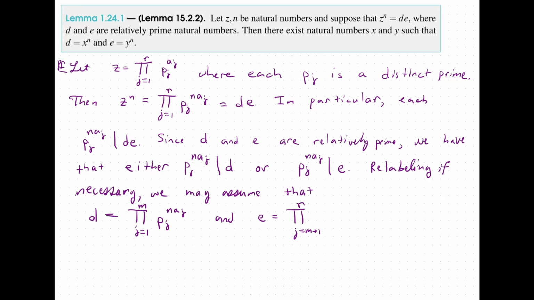So we're just relabeling, so we have these prime factorizations in this way.